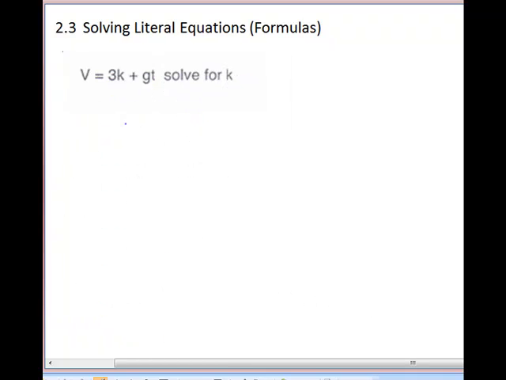Our next problem, we are going to solve for K. This one will be a two-step. Go on the side with the K. Anything added or subtracted should come off first, so our GT will come off first. It's added to that K term, so we will subtract it. When you subtract it on the right-hand side, it's just going to be gone. This is what I had, and I am subtracting.